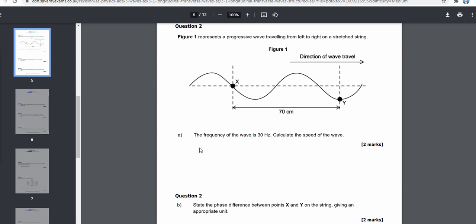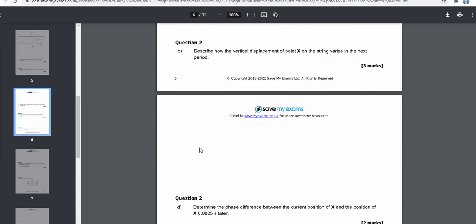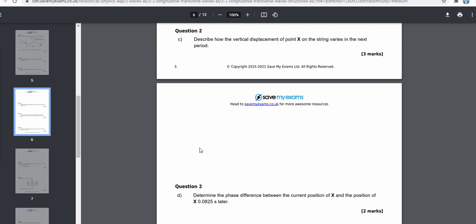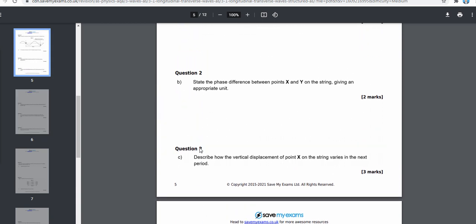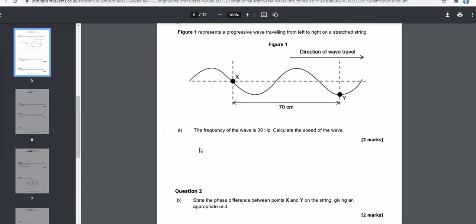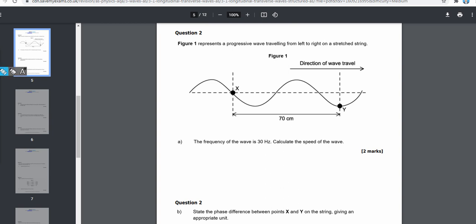Let me just erase all of them. The next part says, describe how the vertical displacement of point x on the string varies in the next period. So first I have to identify where my point x is. Point x is over here, and the direction of the wave is towards the right.